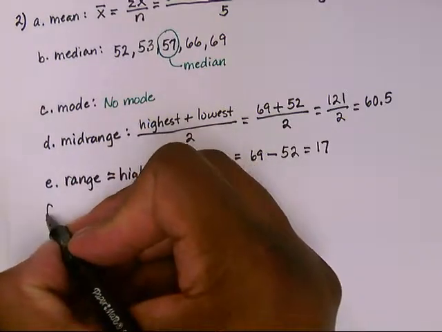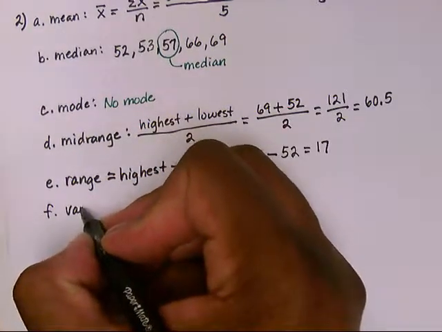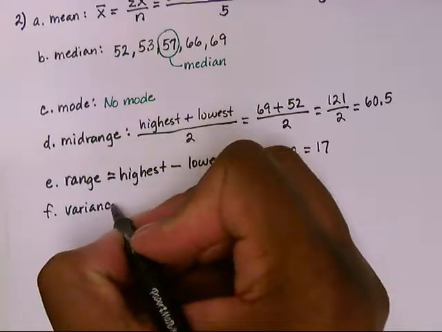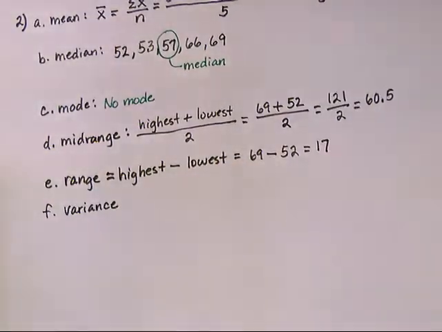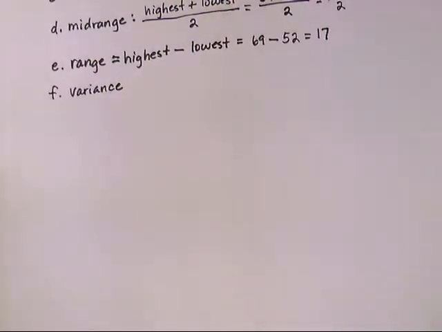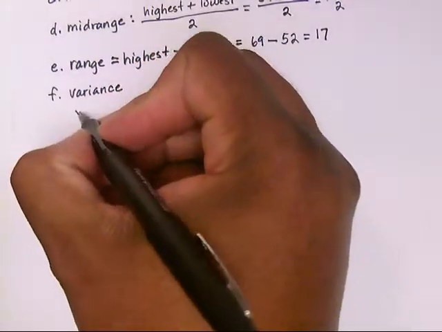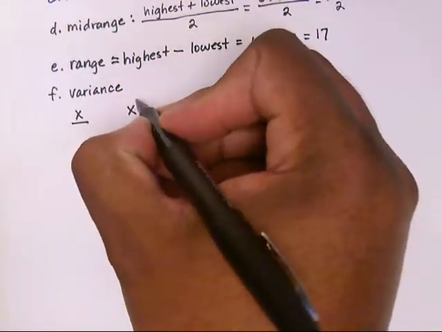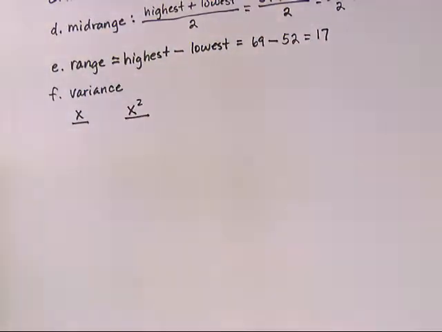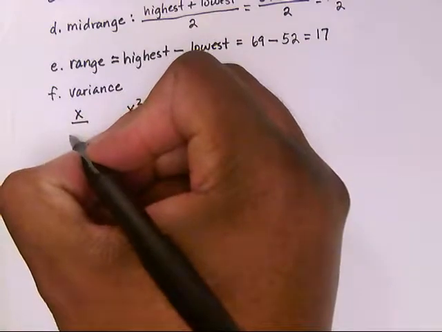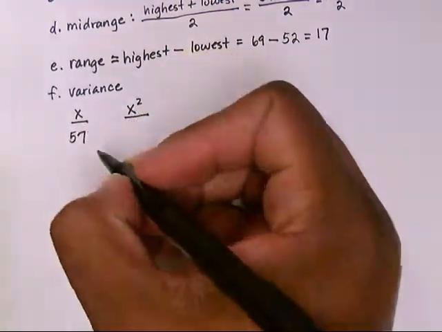Okay, and now part F is finding the variance of that data set. The way that we find the variance, I create a table. One column will be x, the other column will be x squared. I'll go ahead and write down my data values, and they don't necessarily have to be in numerical order.